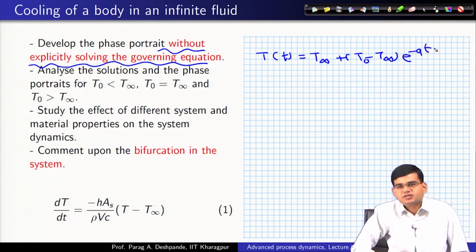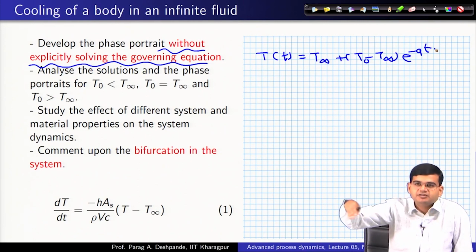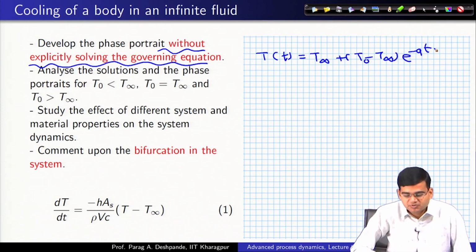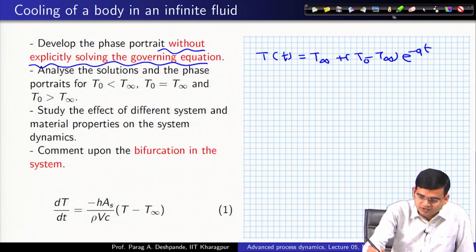Then we saw what the extremities of the system are, what the exponentially decaying and rising behaviors are, and then we drew the phase portrait. Now, the question is, do we really need to solve this problem to develop the phase portrait? In today's lecture, we will see that you do not need to solve this problem explicitly to get the same answer. Let us see how.